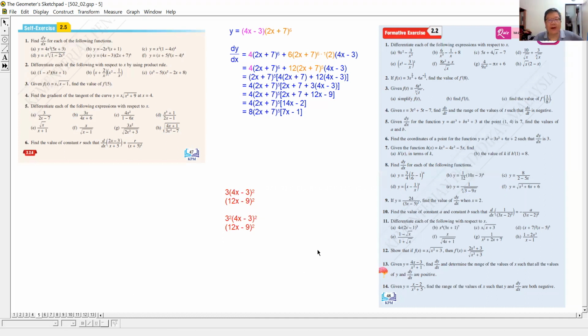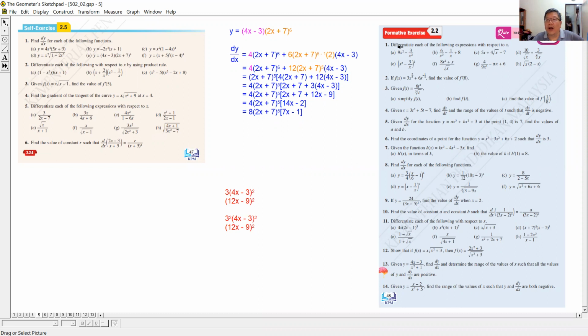Okay, so where are we now? I finished this, right? Now today we are going to do this part, exercise 2.5. The first one, two, three, I told you the first four questions are about product rule. Question number 5 is quotient rule, so I'm going to show you what the quotient rule is.